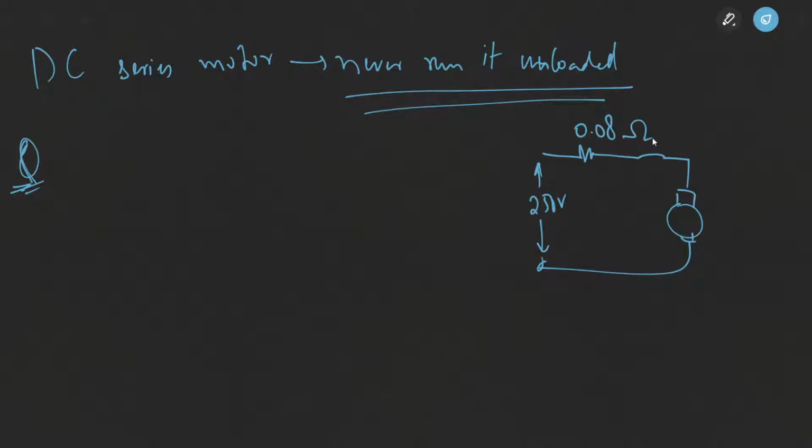The series field consists of 25 turns per pole, and the magnetization curve of this system has been given to us.